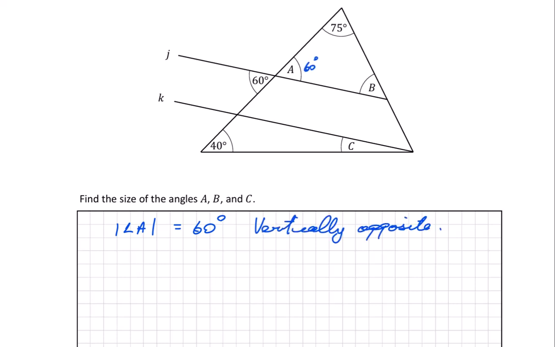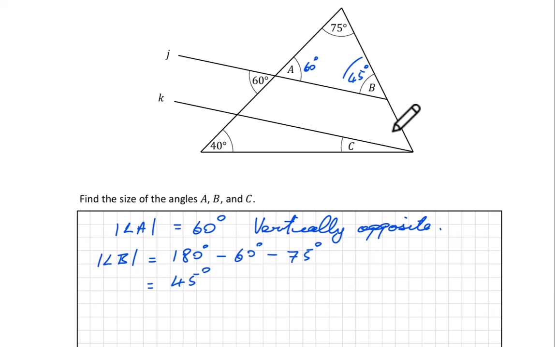We can now work out B. Angle B is equal to 180 degrees minus 60 degrees minus 75 degrees. So if we work out angle B, we should get 45 degrees. So B is 45 degrees. The way I'm going to work out C is to look at the fact that this line here is parallel to this line here.